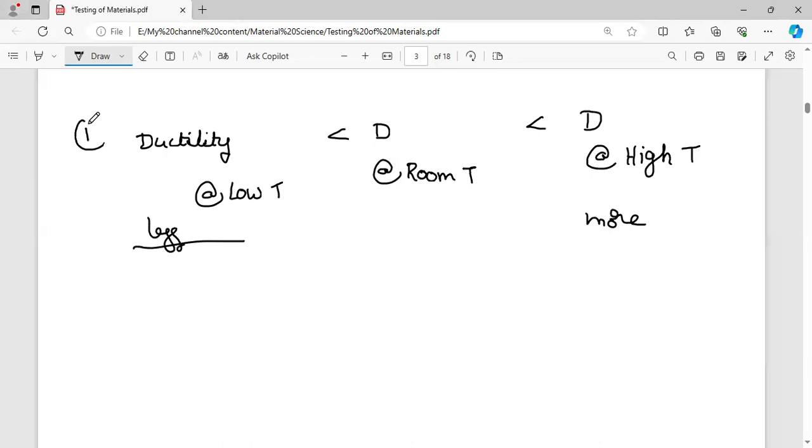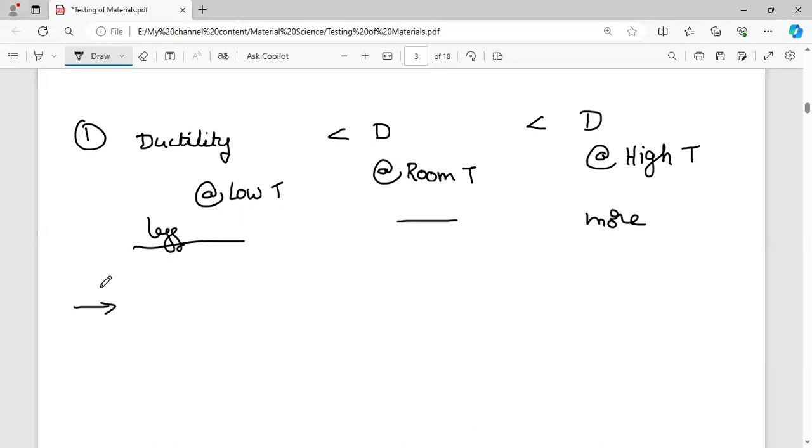It is an important bit. Ductility at lower temperature is less than ductility at room temperature, which is less than ductility at higher temperature. What is the sequence of order of ductility at low temperature, room temperature, and higher temperatures? Then we can remember this: at the higher temperatures, the ductility has more value.